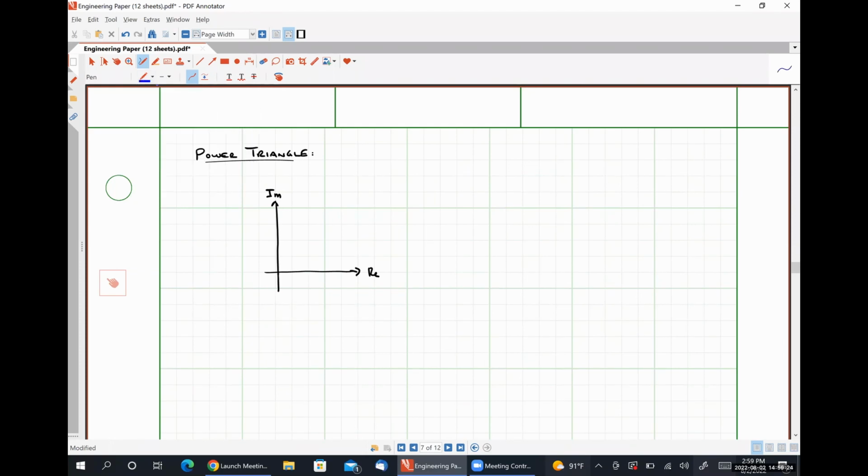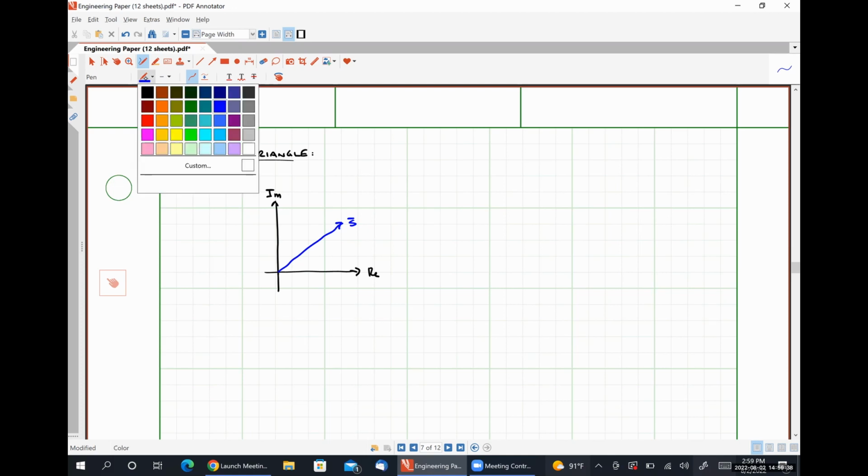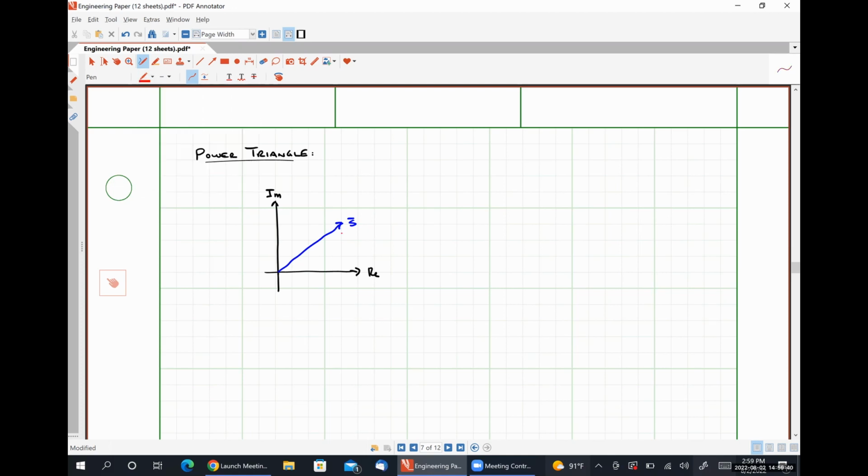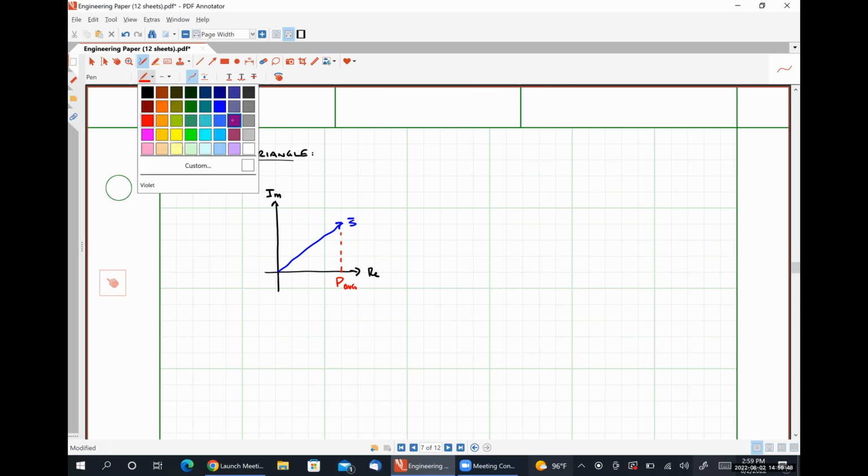So if our complex power S looks like this on our complex plane, the projection of S onto the real axis is our average power.